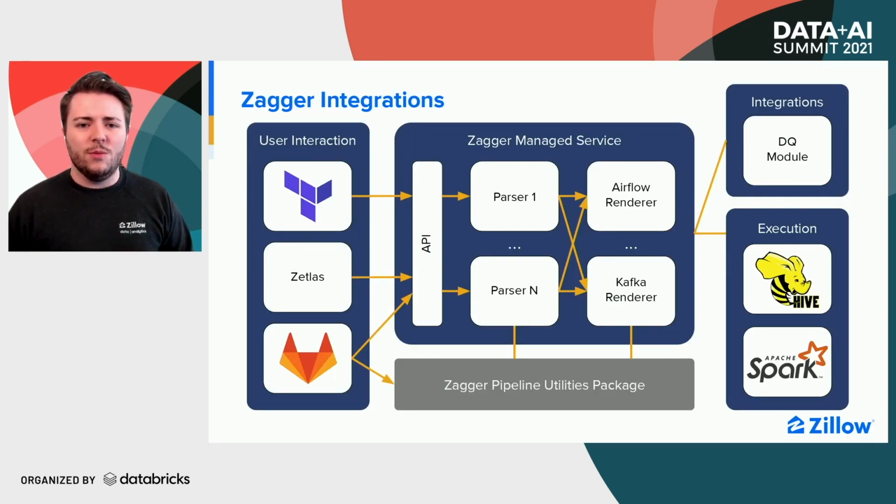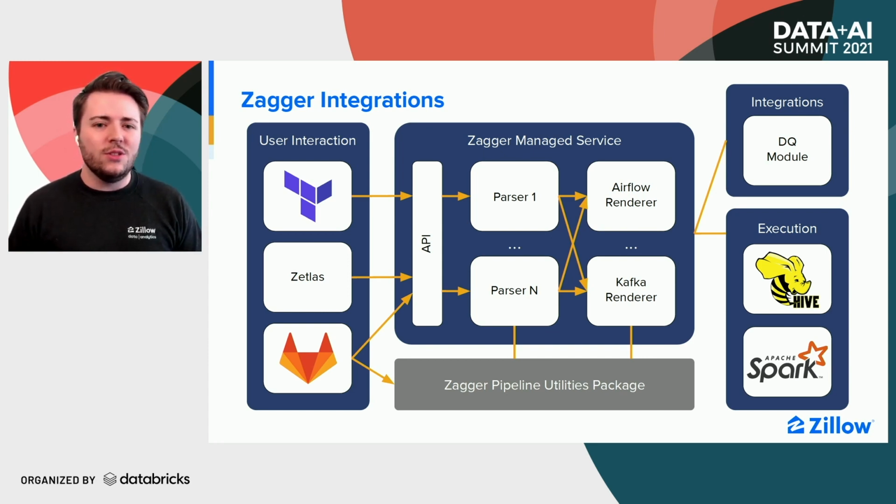So this diagram represents the broader context in which self-service ETL exists within Zillow. I'll come back to it in a bit more detail later on, but I want to focus on this bottom right section for a minute. Last year at this conference, one of my colleagues and I presented on how Zillow Data Engineering designed the next generation of our data pipelines. One core component of this design was a library of modular Spark processing blocks that could be chained together in any order.